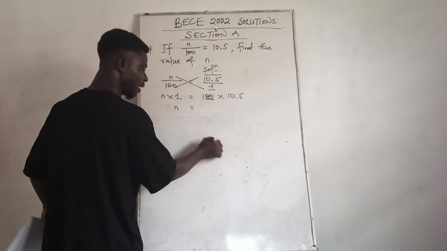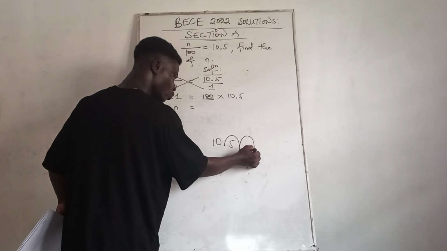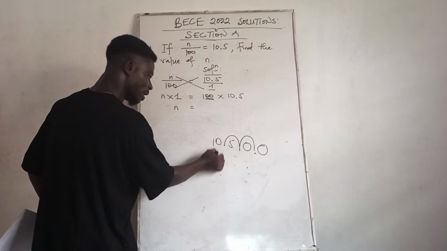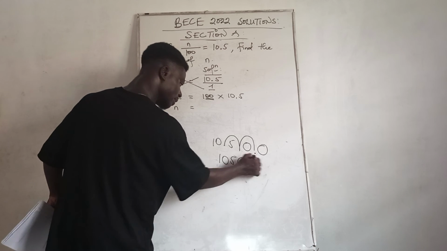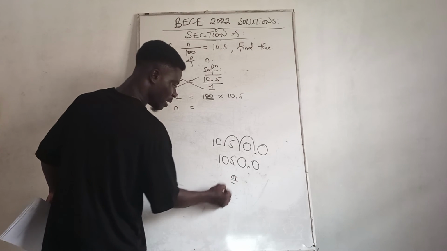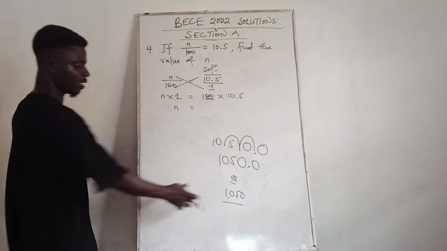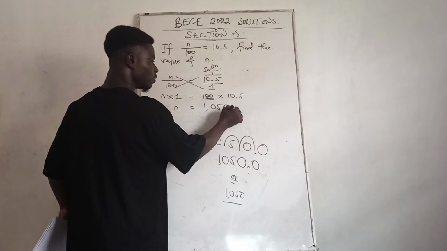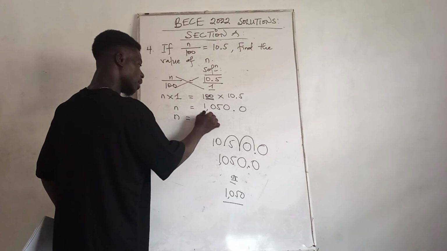So I have my 10.5. I move it 1, then 2. So my point is here. So I have my 0, then my 0. So I get my 105, then 0.0. It's the same thing as 1050. So I get 1050.0, or you can better still write it as 1050.